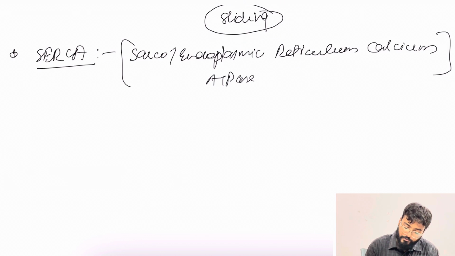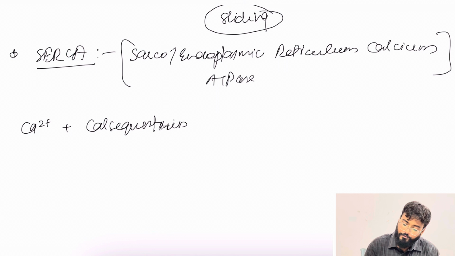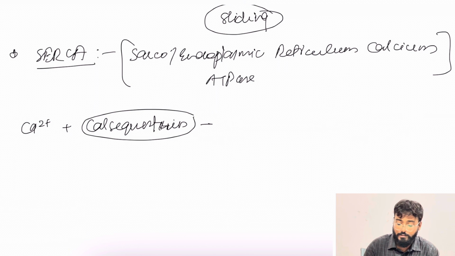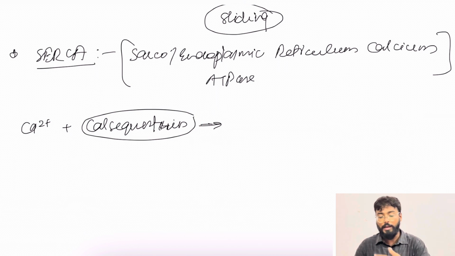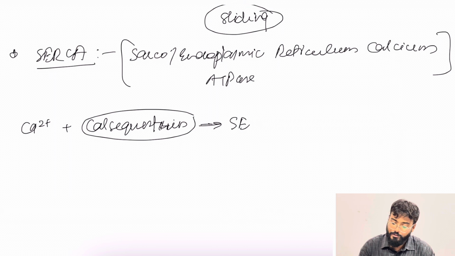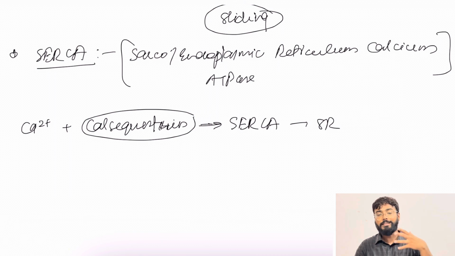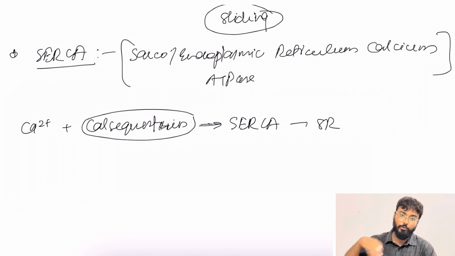This happens by binding of calcium to a protein called calsequestrin. When the calcium binds to calsequestrin, then it goes back via the SERCA pump back into the SR. That's how the calcium that was pulled inside the sarcoplasm goes back into your sarcoplasmic reticulum.